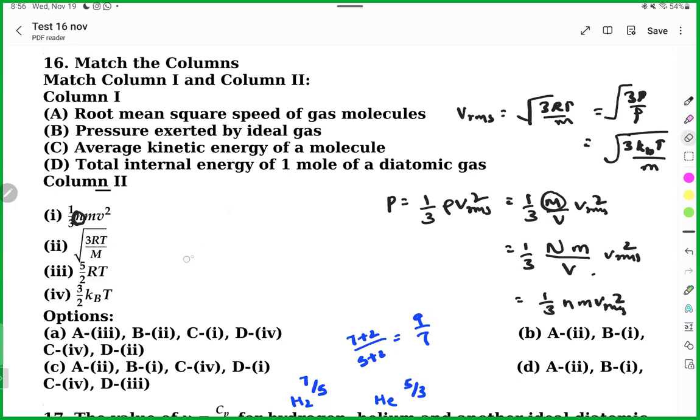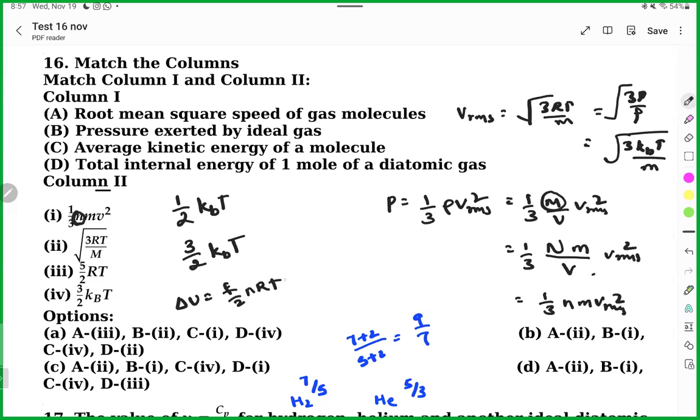Average kinetic energy of a gas. When you take average kinetic energy of a gas, it is usually 1 by 2 kBT. For monoatomic gas, it will be 3 by 2 kBT. And total internal energy of diatomic gas, delta U, is equal to F by 2 nRT, 1 mole.